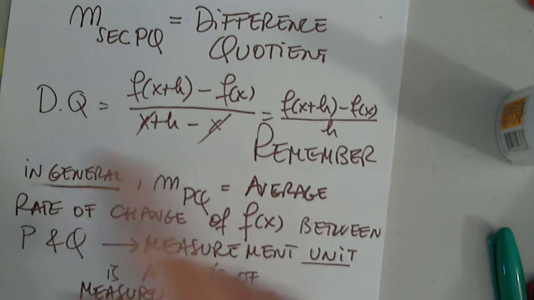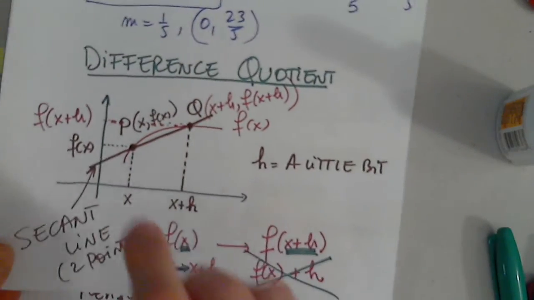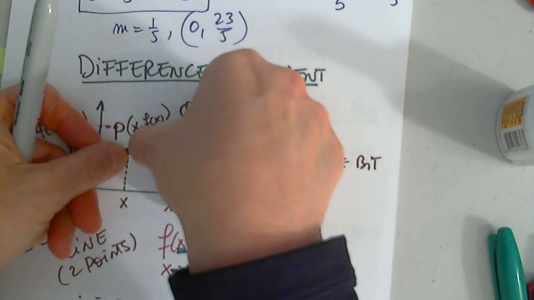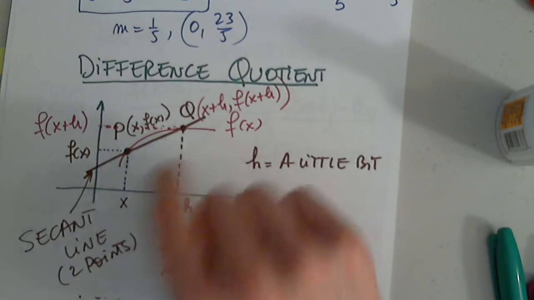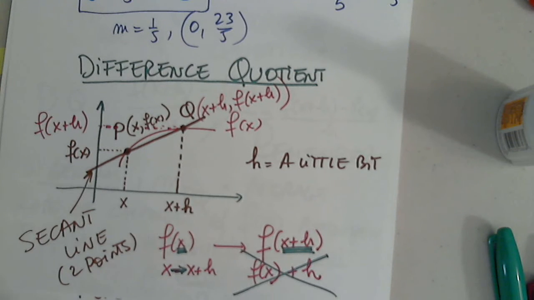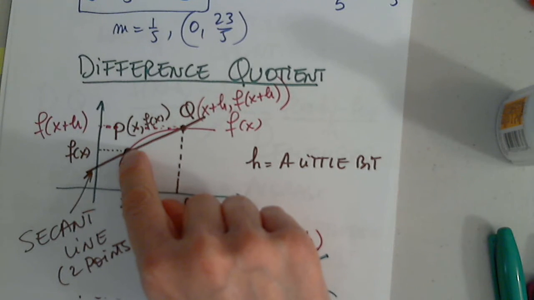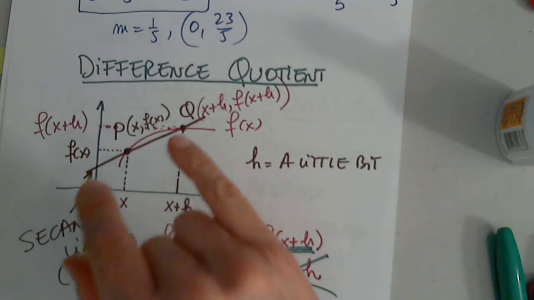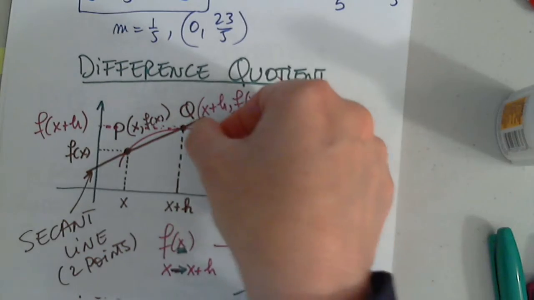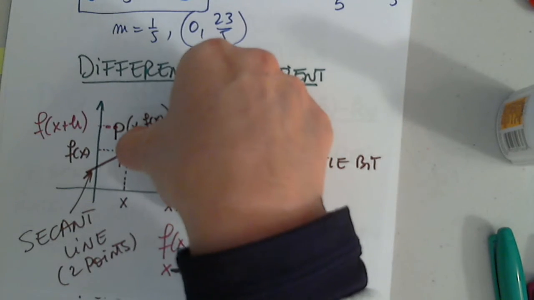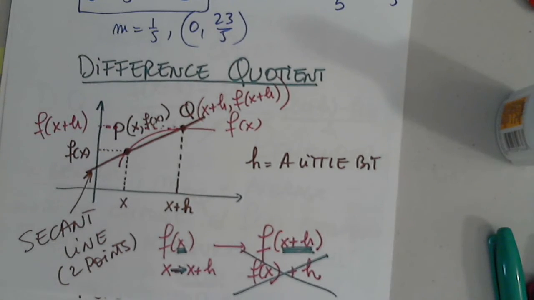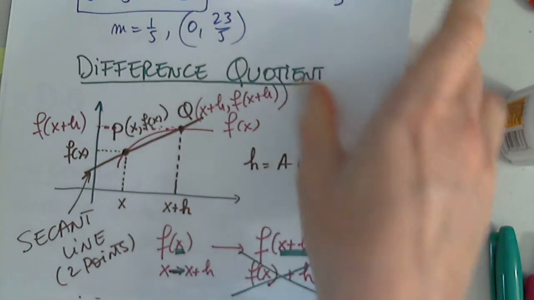So the difference quotient, because the 2 points are very close to each other, the difference quotient will be almost, not exactly, almost the instantaneous rate of change at P. Still the average rate of change between P and Q. But because Q is so close to P, that means that the difference quotient is almost the instantaneous rate of change at P. Not exactly.